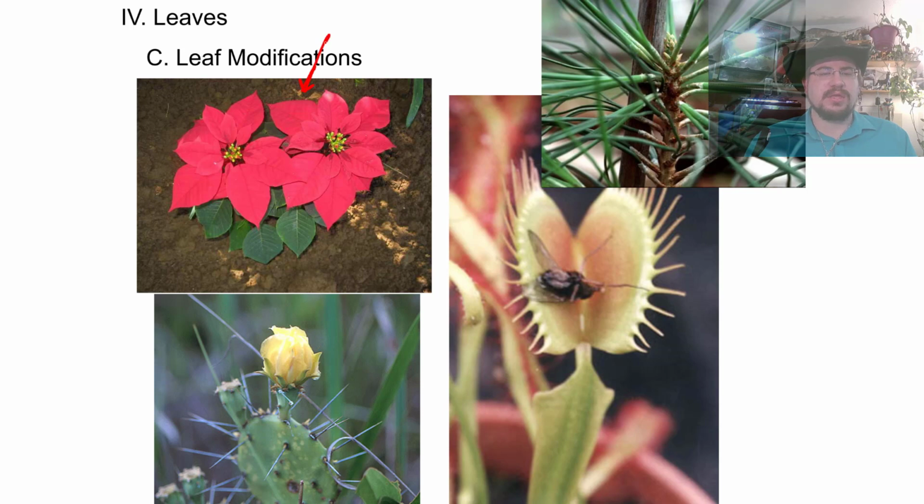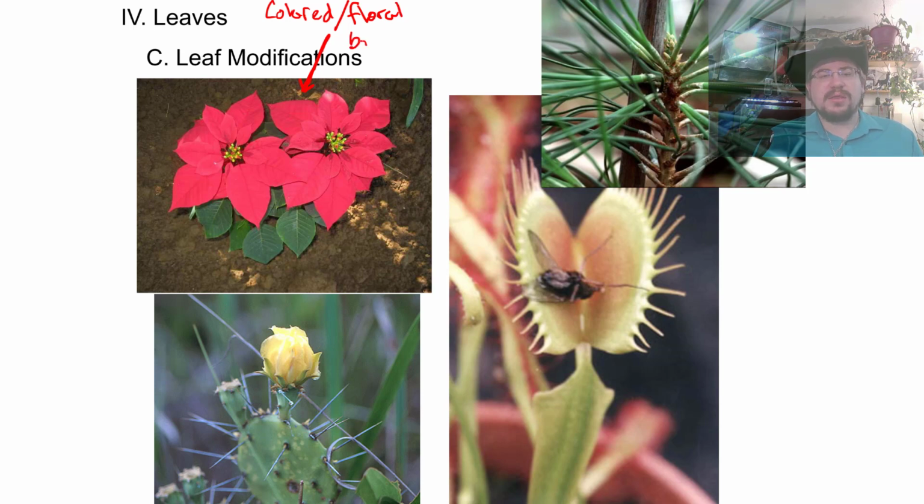Right, so here is your pretty poinsettia. And a bract is a leaf that is essentially colored or floral.